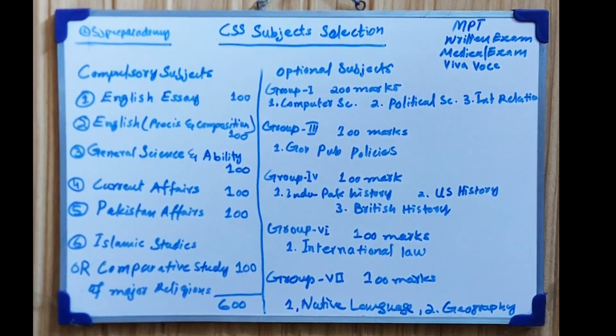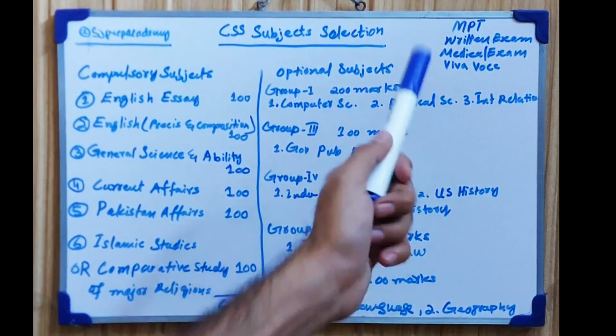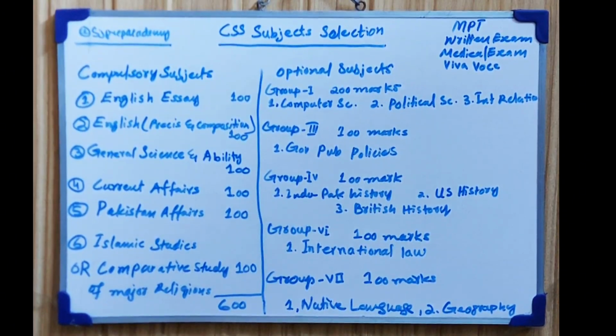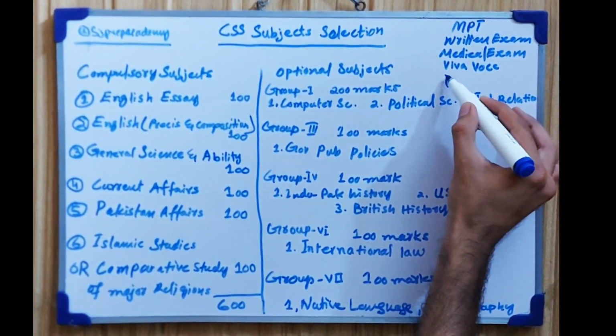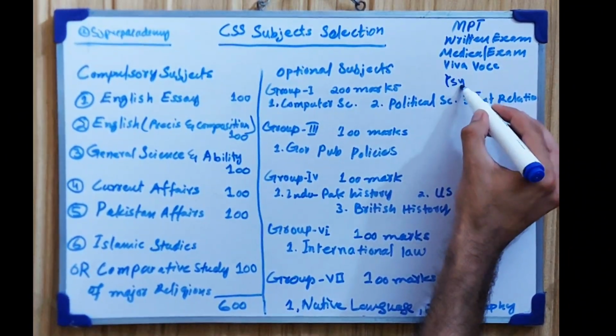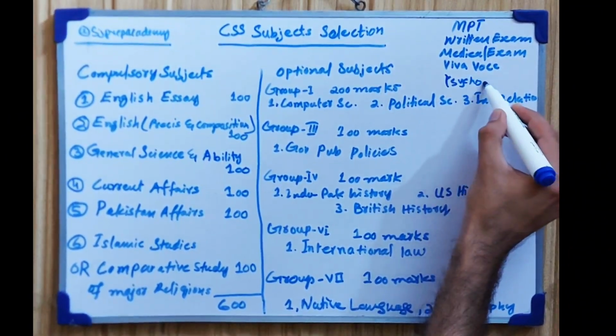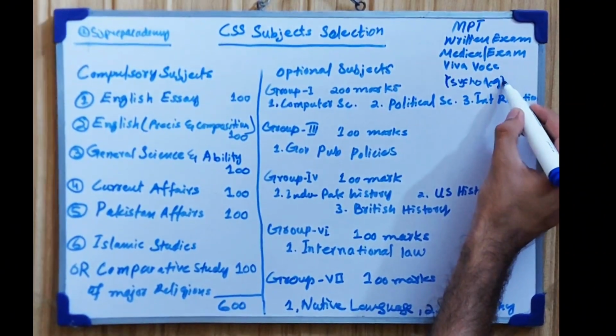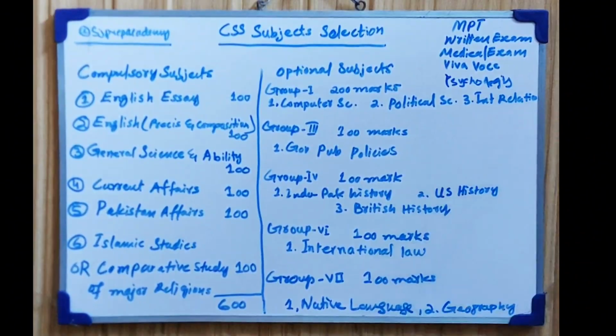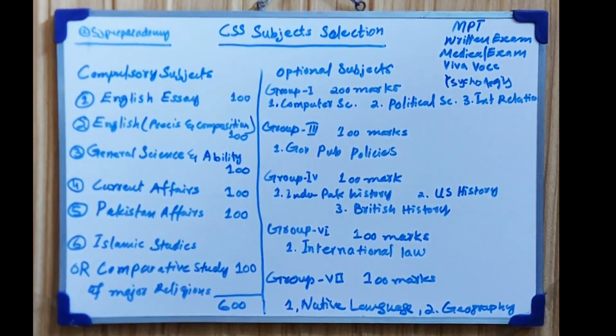After clearing the medical exam, finally you would go to the viva exam, or before the viva, you will go through a psychological exam, and then the viva. So these are the subjects and the exams.